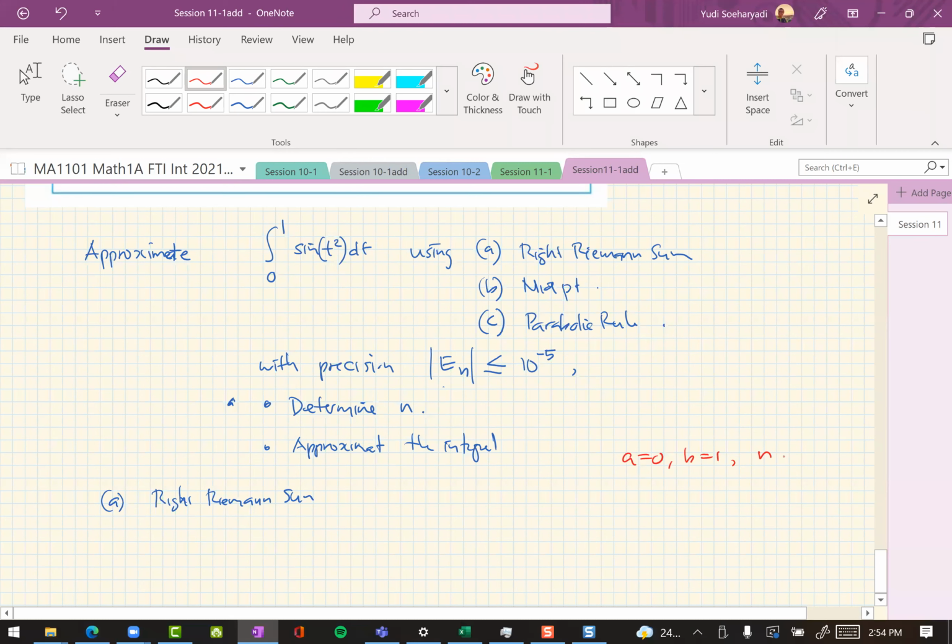So delta x must be 1 over n, and x i must be i over n. This is what we know.